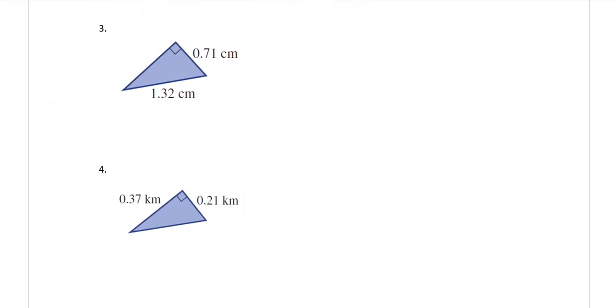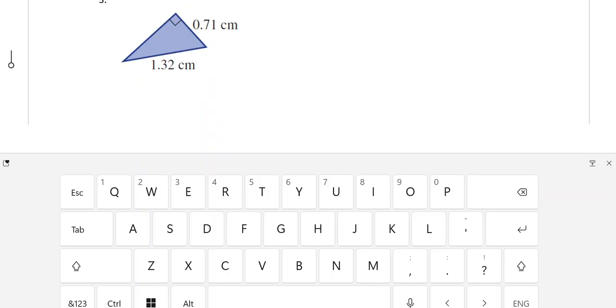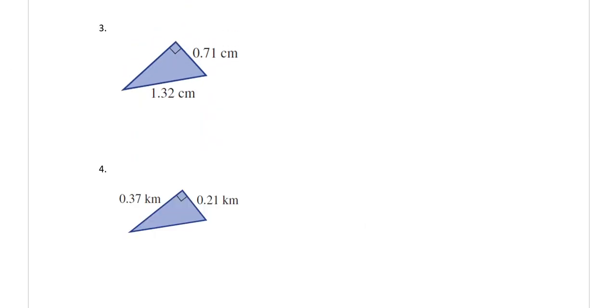Question 3. Are we finding a hypotenuse or are we finding a shorter side? So let's have a look. We have got our right angle and we are missing the side next to the right angle, which means it's a shorter side. So this is the a formula. a equals the square root of h squared minus b squared. The hypotenuse is the longest side, the b is the other side.